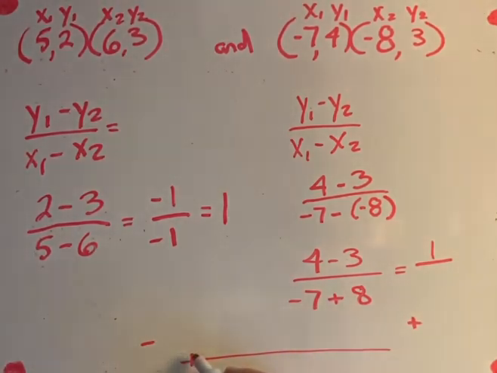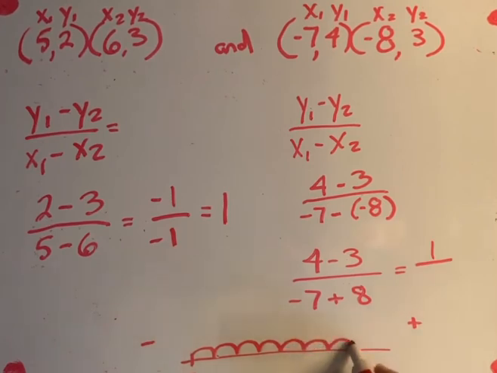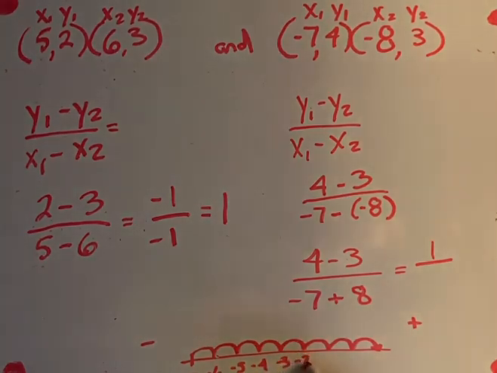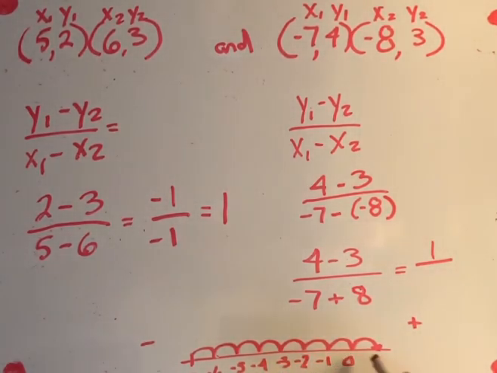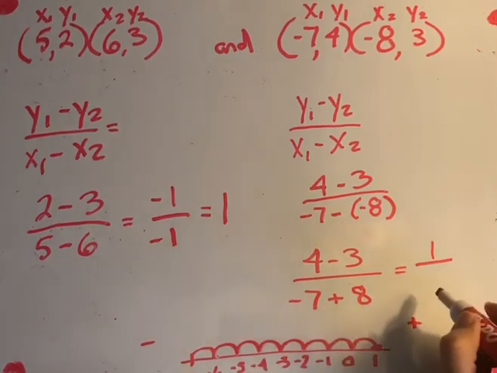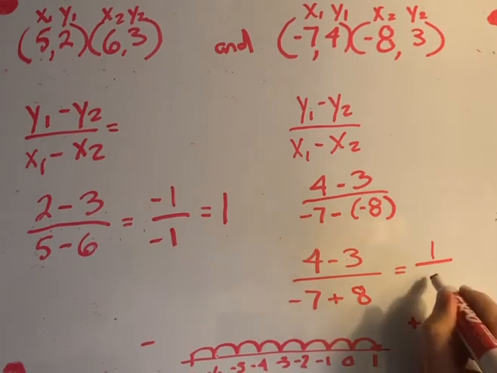So negative 7, and then we add 8: 1, 2, 3, 4, 5, 6, 7, 8. What number would that be? Negative 7, negative 6, negative 5, negative 4, negative 3, negative 2, negative 1, 0, 1. Negative 7 plus 8 is 1.